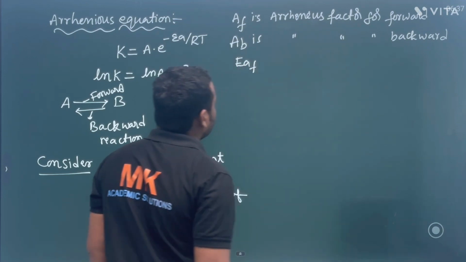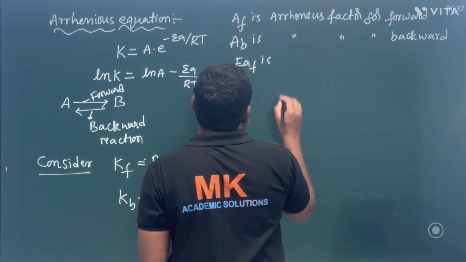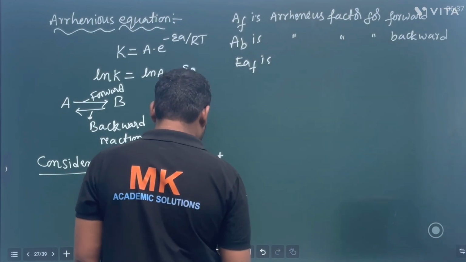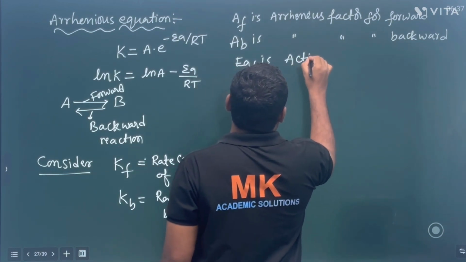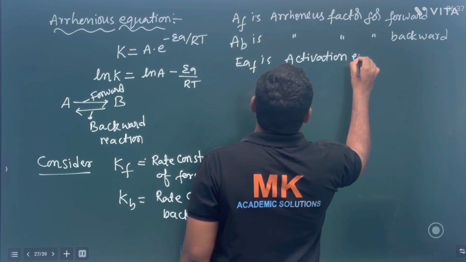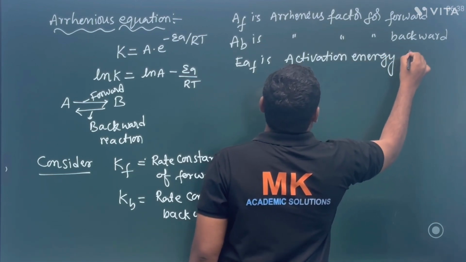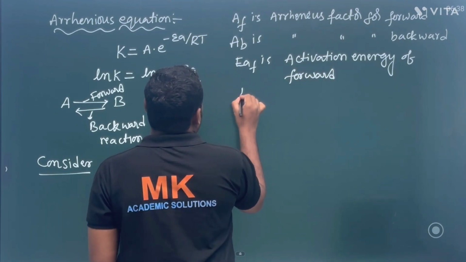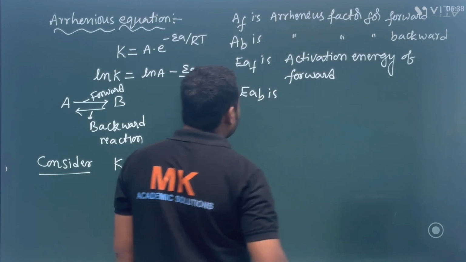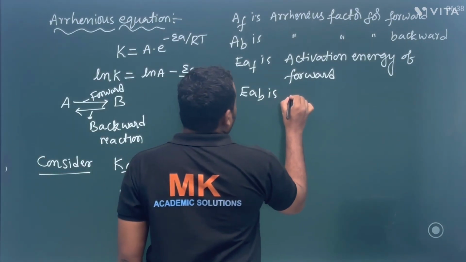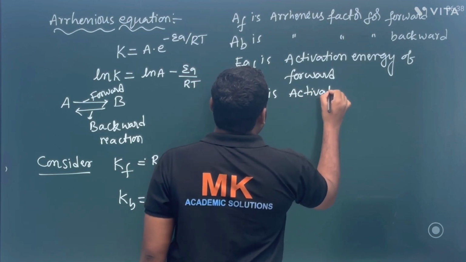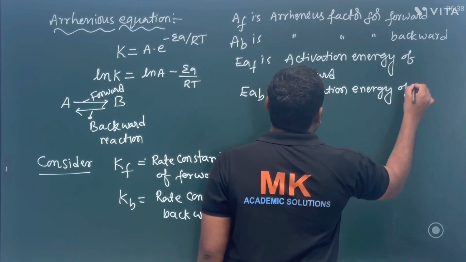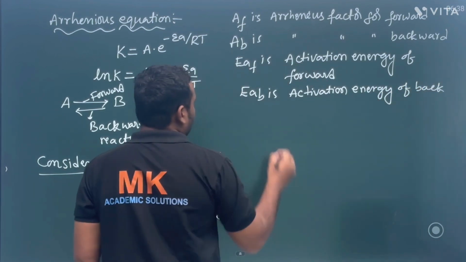EAF is the activation energy of forward reaction, and EAB is the activation energy of backward reaction.